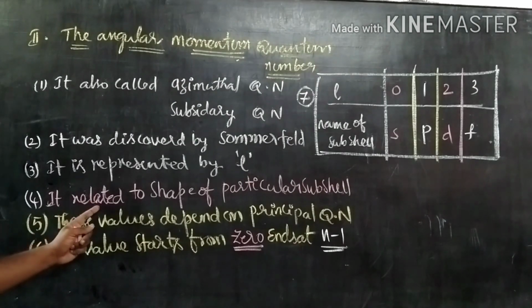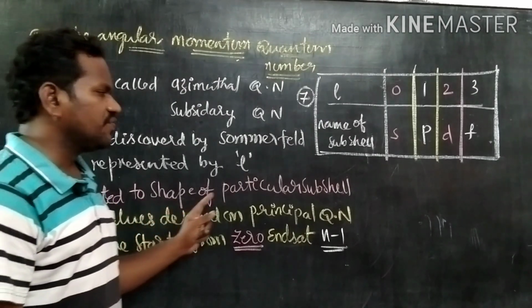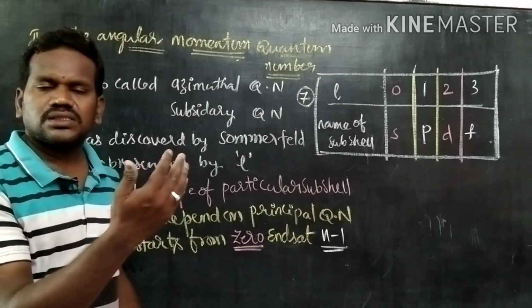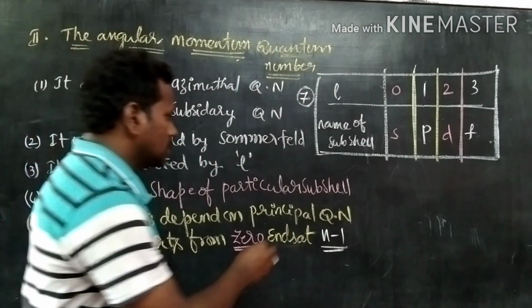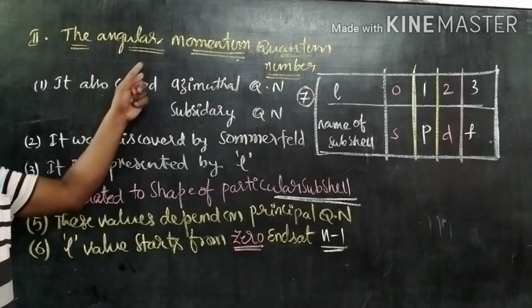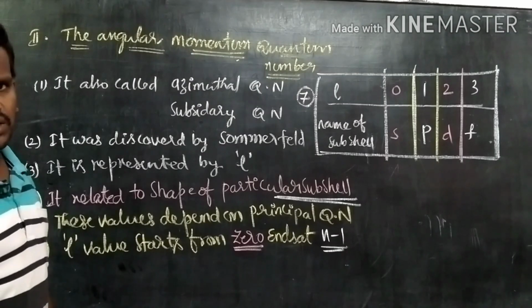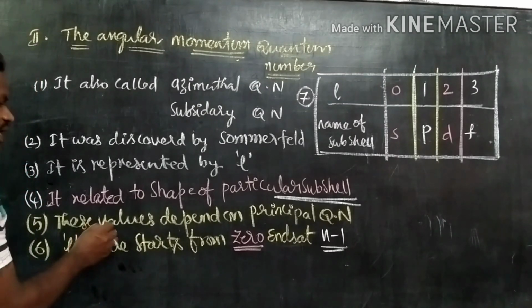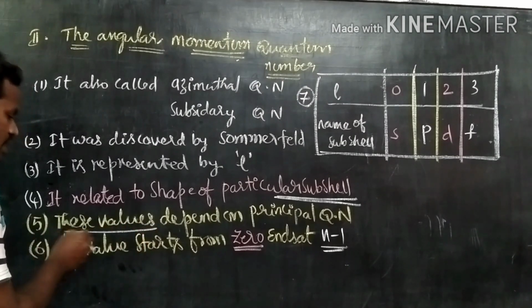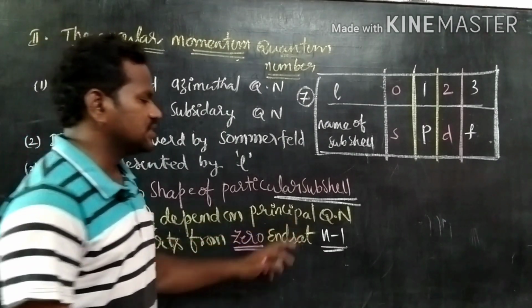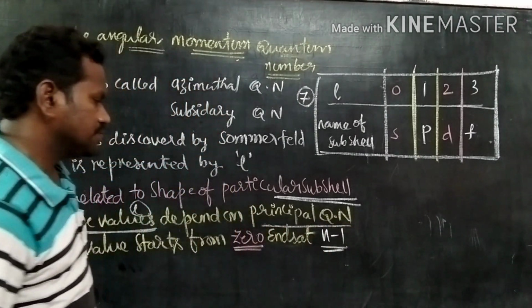Now, it is related to the shape of a particular subshell. Main levels are represented by the principal quantum number, and sublevels or subshells are represented by the angular momentum quantum number. These L values depend on the principal quantum number.